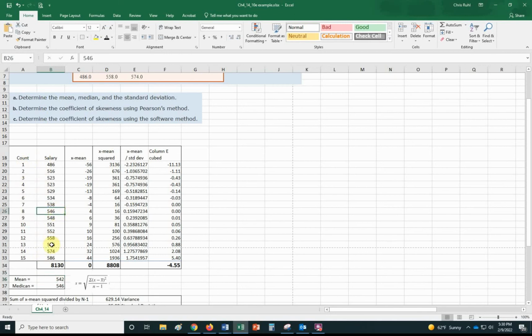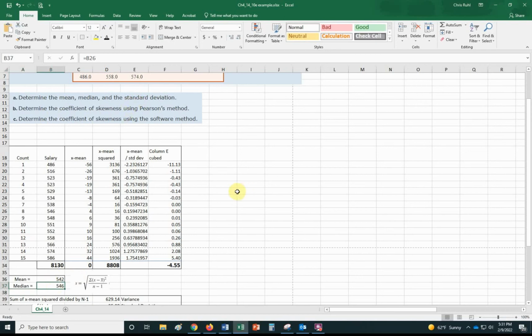Exactly, the one exactly in the middle. 546 then is the median. Okay, median is 546. Then it wants the standard deviation.